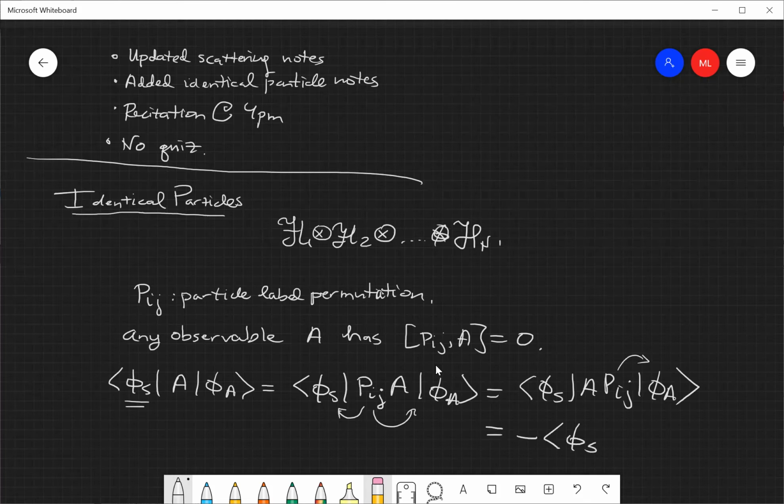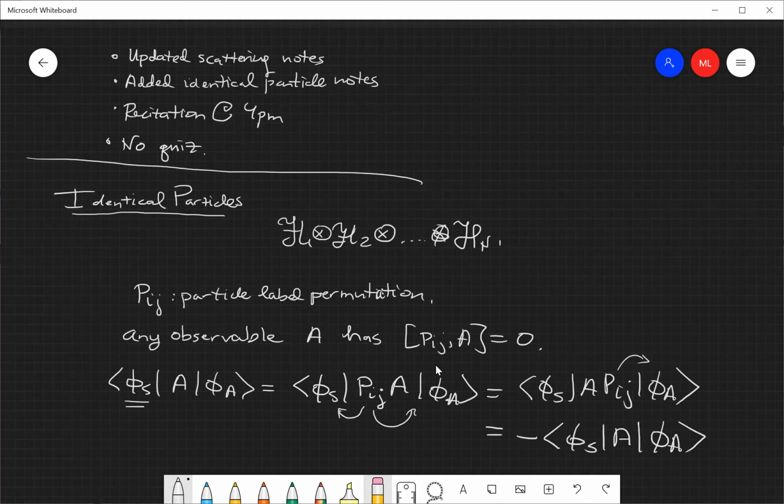So this matrix element, phi_S A phi_A, is equal to minus itself, and the only possibility is that it's equal to 0. So you can't have transitions between the two kinds of states.